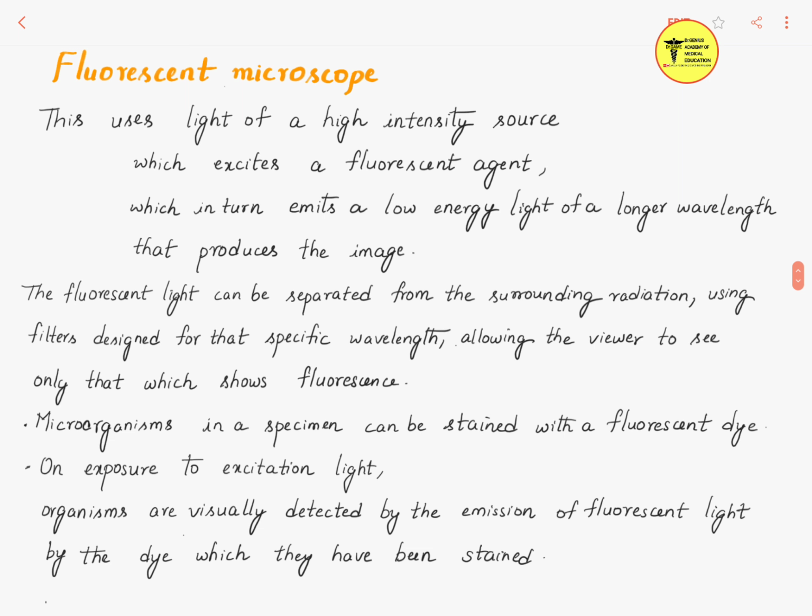Fluorescent microscope. This uses a high intensity light source which excites a fluorescent agent, which in turn emits a low energy light of a longer wavelength that produces the image.